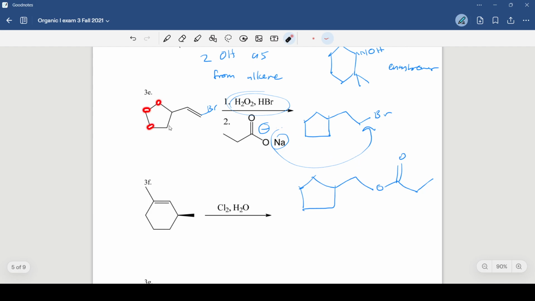We have 1, 2, 3, 4, 5, 6, 7. 1, 2, 3, 4, 5, 6. I'm actually missing a carbon here. Boom. Okay, so 1 through 7, and then 1, 2, 3, 1, 2, 3. Yep.